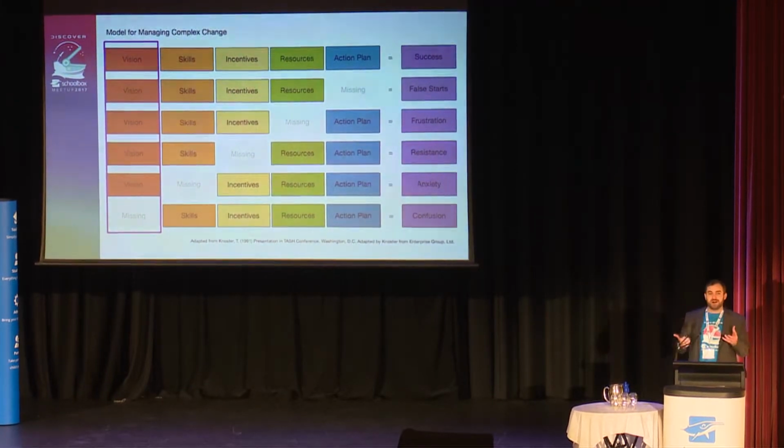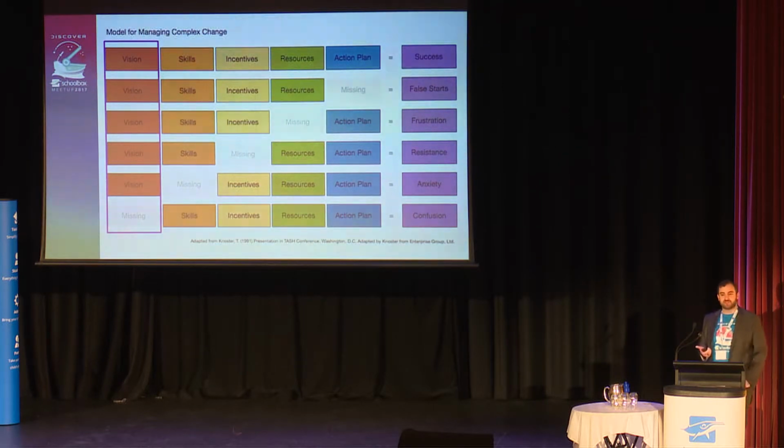There are many parts to each of these, but those 5 things will help us to get success on our change. This can be small change. This could be a release of Schoolbox. The time frame that we're talking about is a matter of weeks and months. Or this can be big change. The move to continuous reporting, the move to other aspects within the school.